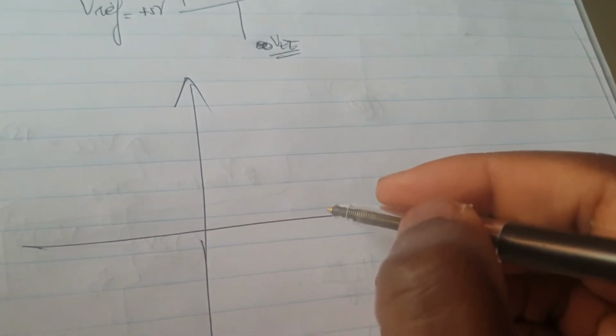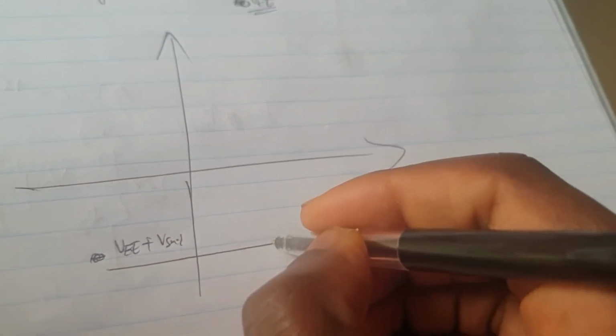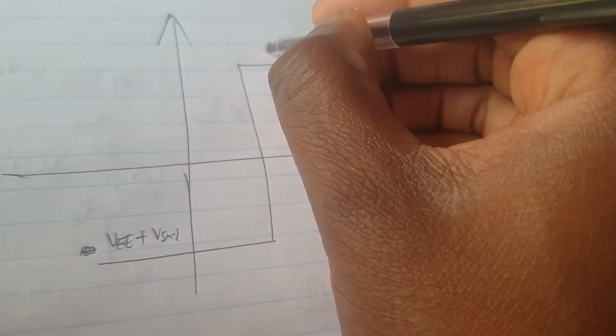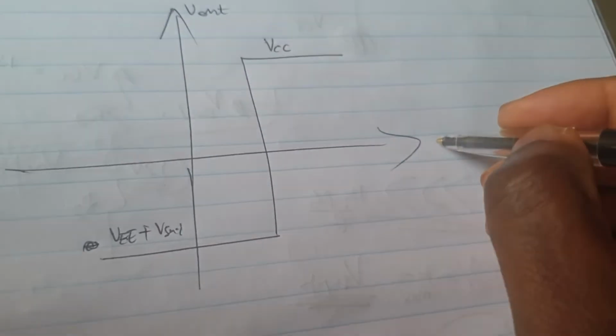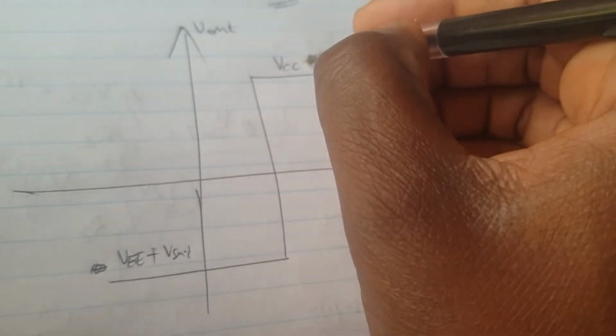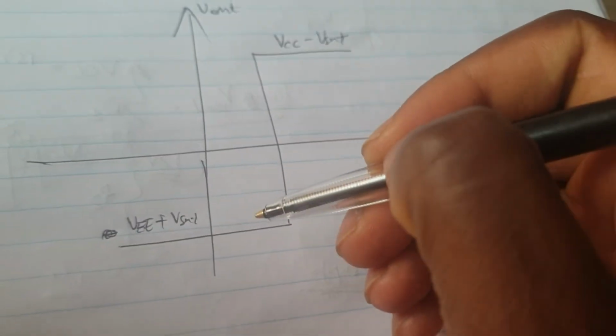The output voltage obtained will swing between VEE plus VSAT, VEE being a negative number, and a maximum positive value of VCC minus VSAT. That will be V out with respect to V in. So VCC just reduced by VSAT.